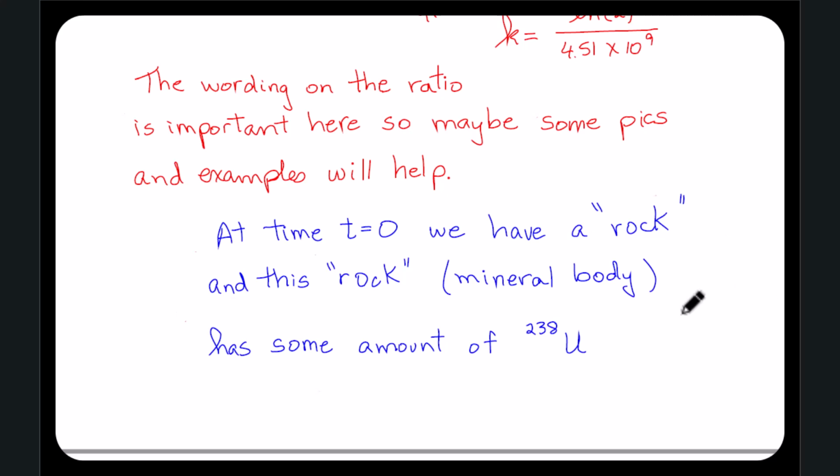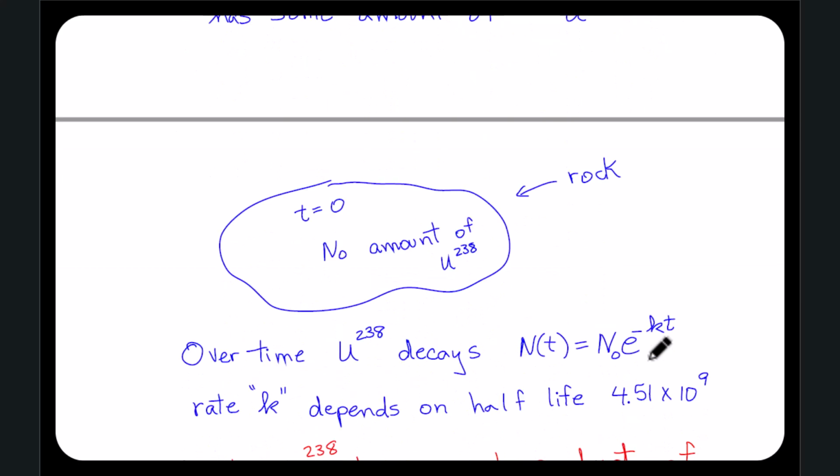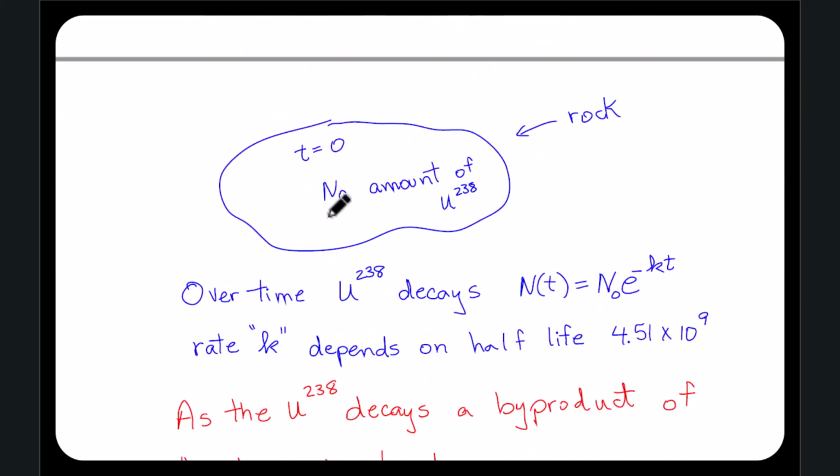So here at time 0, this rock has some amount of uranium-238 in it. We start off at time 0 with an initial amount. Over time, it decays by our decay formula. We know what k is previously.